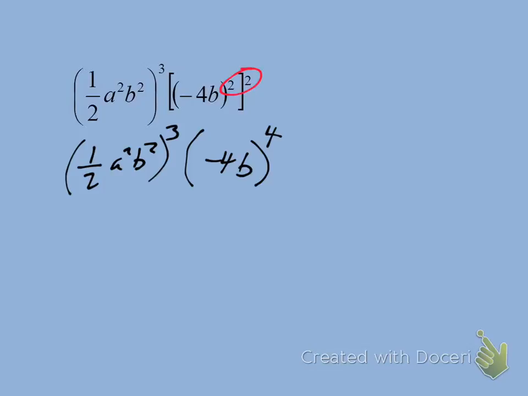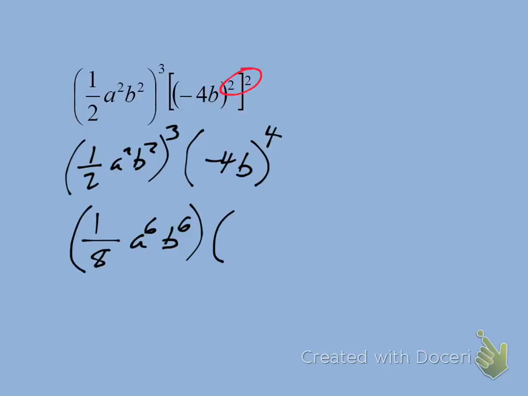How do you multiply fractions? You multiply the numerators and multiply the denominators. So 1 times 1 times 1 gives you 1. 2 times 2 times 2 gives you 8. 1/8. A lot easier than worrying about the notation you've got to put in your calculator. 1/8 A to the 6th, B to the 6th.